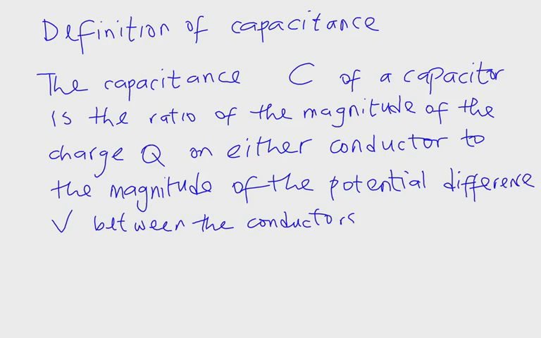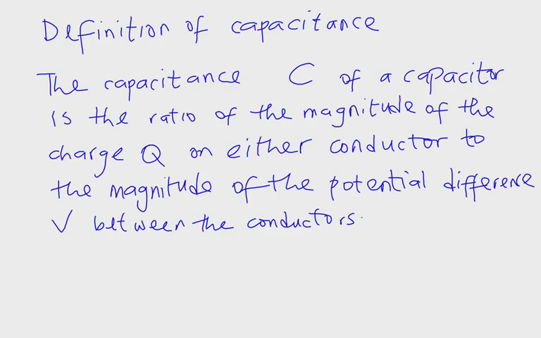Now, what are we trying to say here? Here you have the capacitance C of a capacitor. The capacitance C of a capacitor is the ratio of the magnitude of charge on either conductor. Remember, the conductors have equal magnitude, but obviously opposite sign.